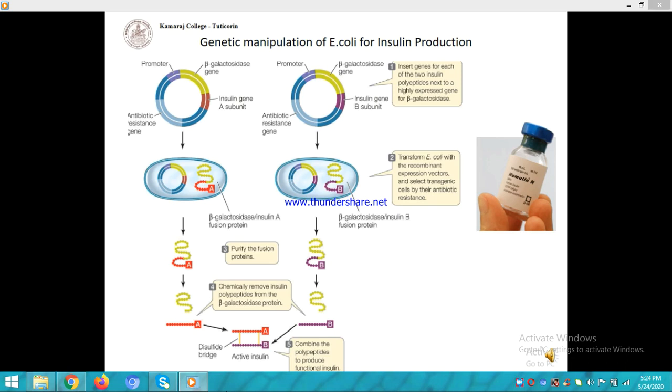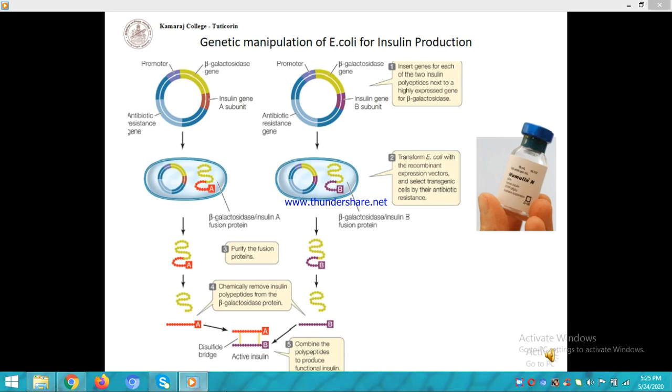The picture shown here is called Humulin N. This is a prepared formulation of the recombinant insulin produced using E. coli. Okay, so this is how insulin is produced from E. coli by means of genetic manipulation. From this we can know that rDNA technology, or recombinant DNA technology, provides a valuable tool for production of human proteins of therapeutic interest in a larger quantity.